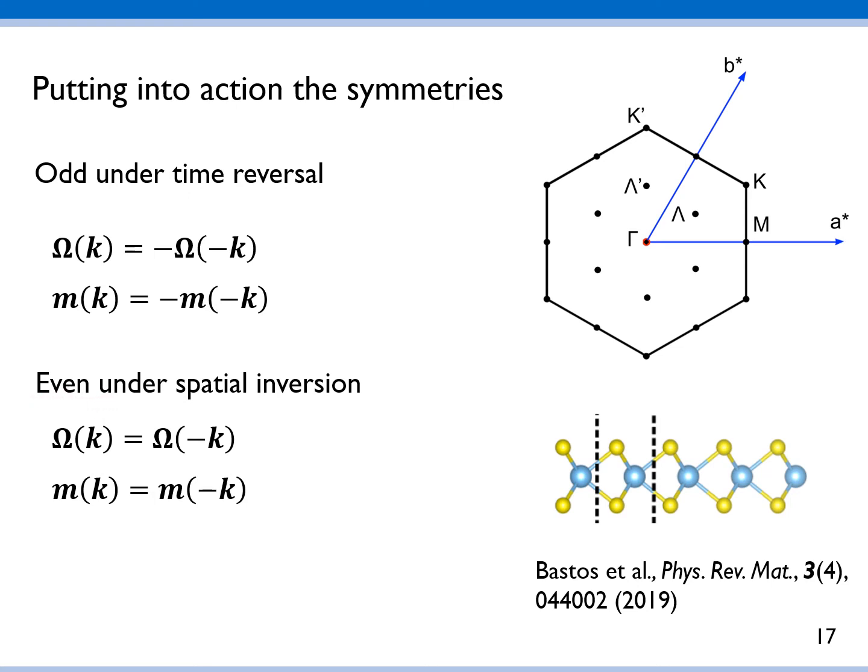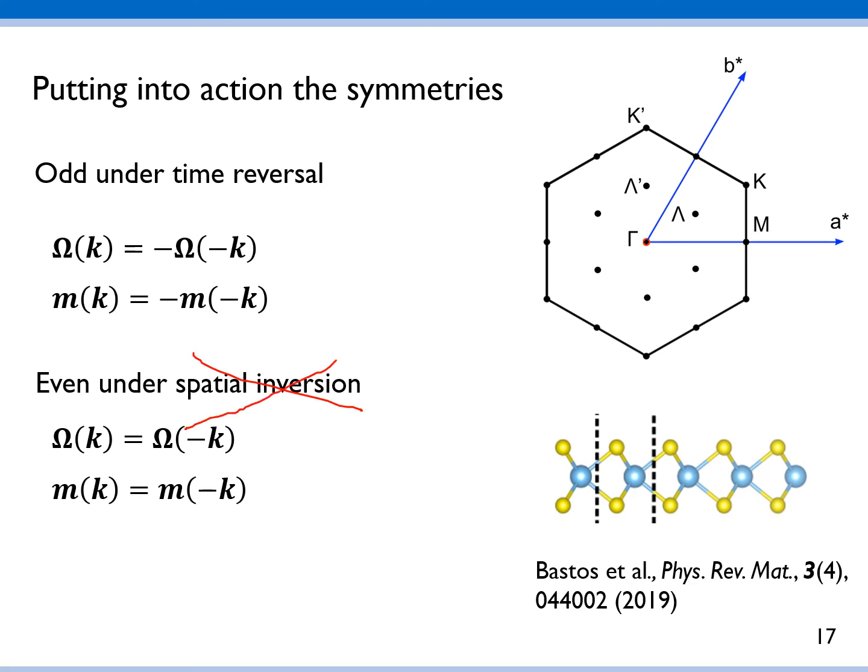Okay, so if we now have a system where both time reversal and spatial inversion are in place, then in order to fulfill those two rules, both the Berry curvature and the magnetic moment must vanish. And in that case, we will no longer be able to distinguish between the particles in the different valleys. Thus, it is important that we must break spatial inversion symmetry in our system.